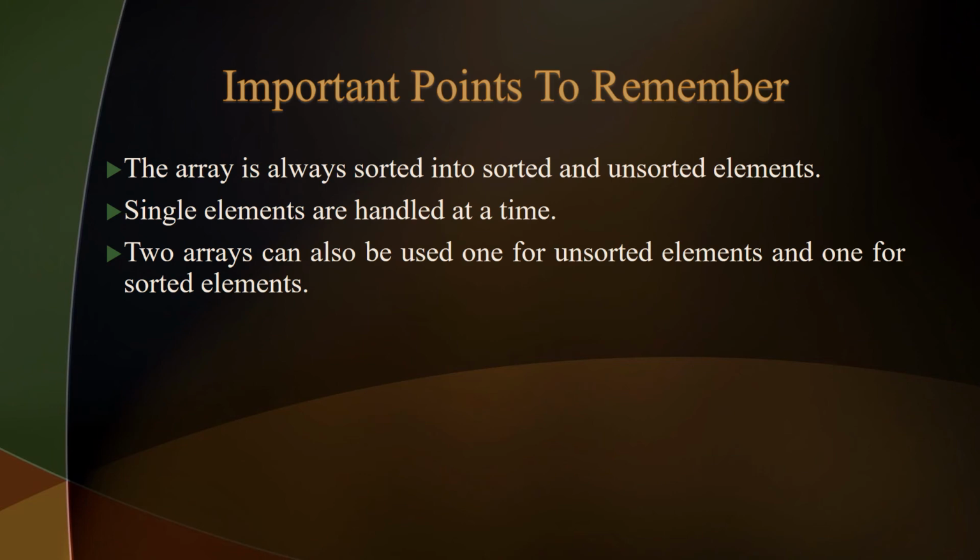From the unsorted elements, each single element is handled at a time and inserted into the sorted array in its proper position. Two arrays can also be used, as I have said earlier, but it leads to greater usage of memory. So most implementations only use a single array and perform the swapping of elements inside the same array. Remember, you always need to take an element from the unsorted array and directly insert it into the sorted array in its proper position.